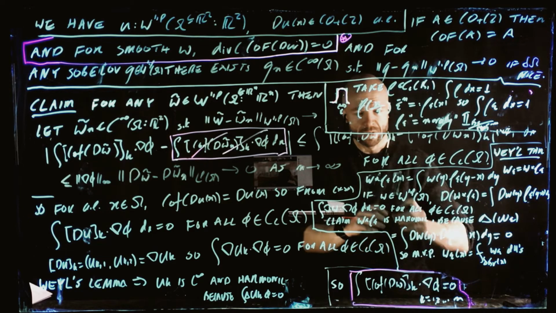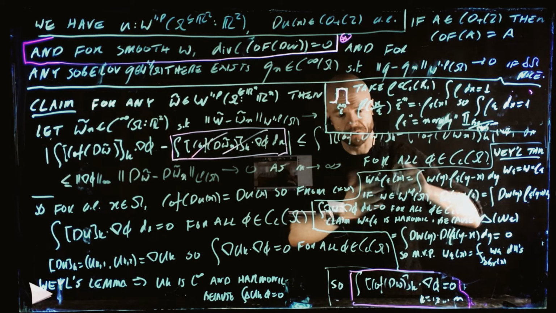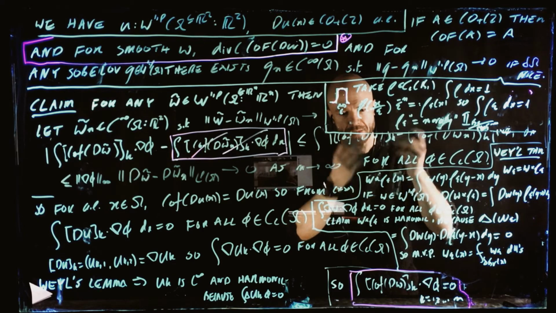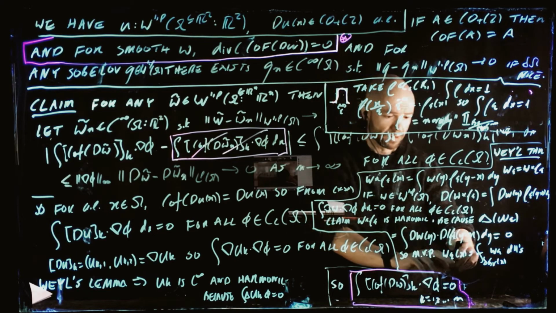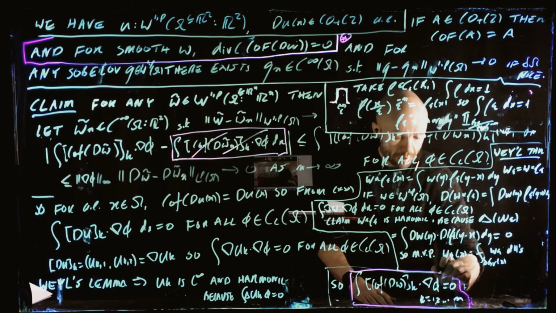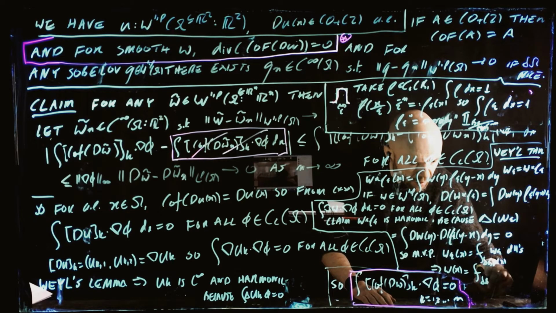So for almost every x, this is not a consequence of the LP convergence, but it's also true just by the fact that W is an LP function. It satisfies the Lebesgue point property. So for almost every x, this thing is tending pointwise to W of x. So this is tending pointwise to W of x, and this is tending to W of x in an LP sense, so it's also true for almost all radii. So this implies that W of x actually satisfies the mean value property.